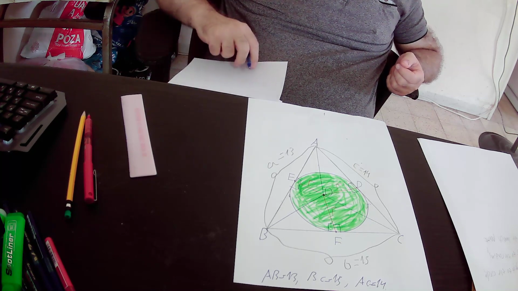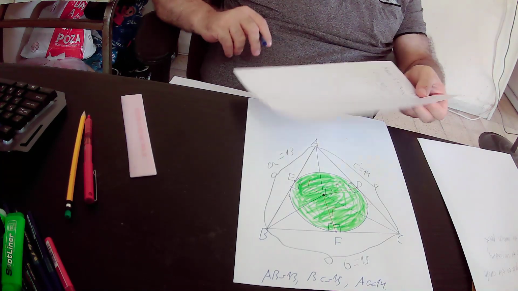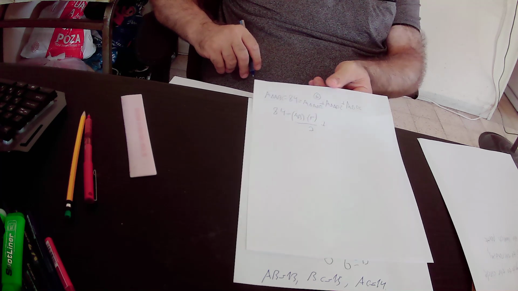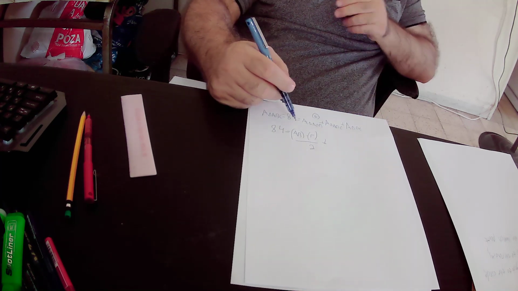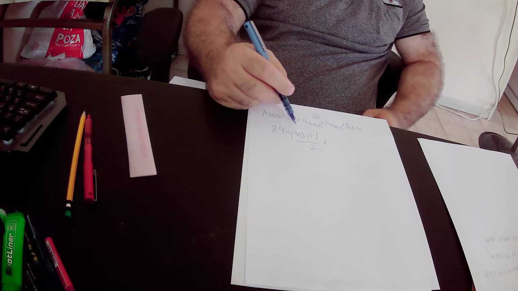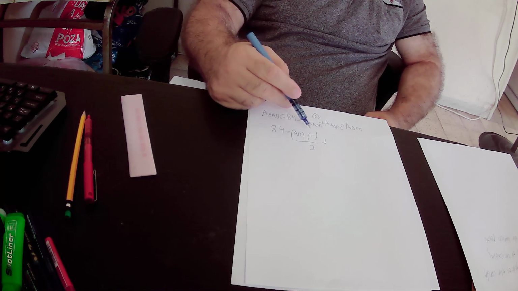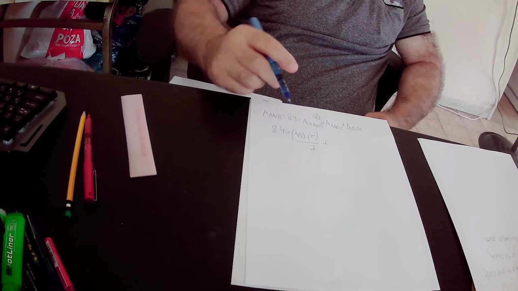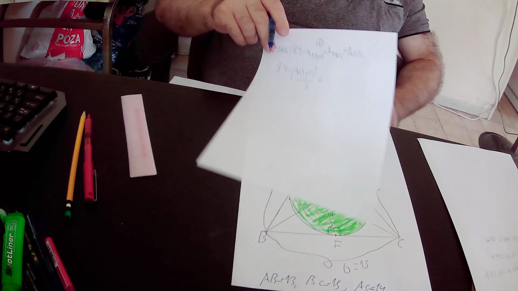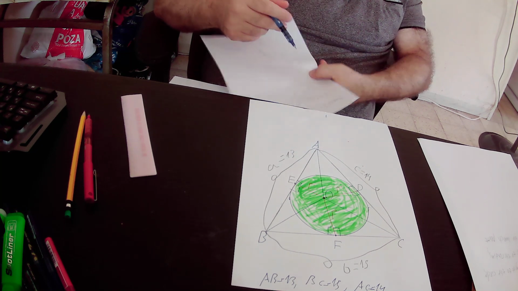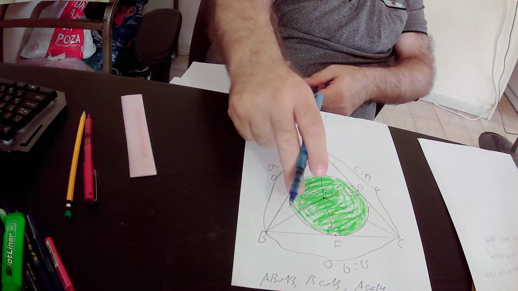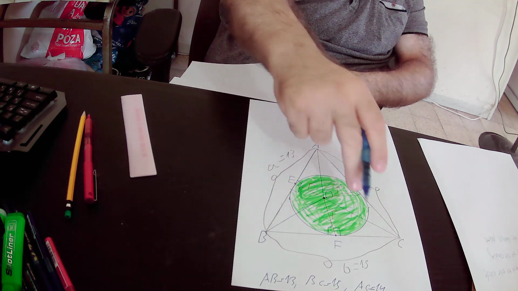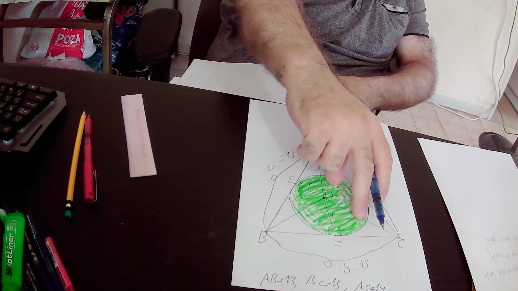So the area of triangle AOB equals the base of triangle AOB, that is AB, times the height to the base, that is the radius of the green circle, over 2. Okay, in the same way, we will calculate the area of triangle AOC.